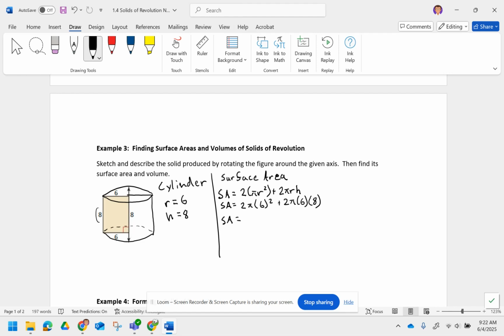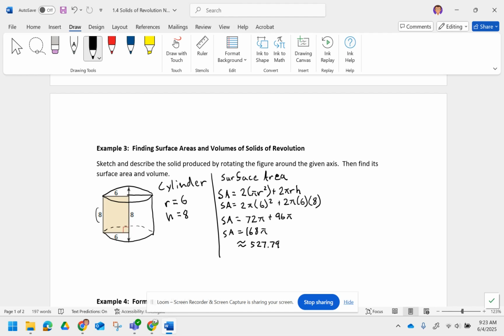So that's going to give us, let's see, 36 times 2, so we're going to have 72 pi, plus 96 pi, which would then be 168 pi, or approximately 527.79.